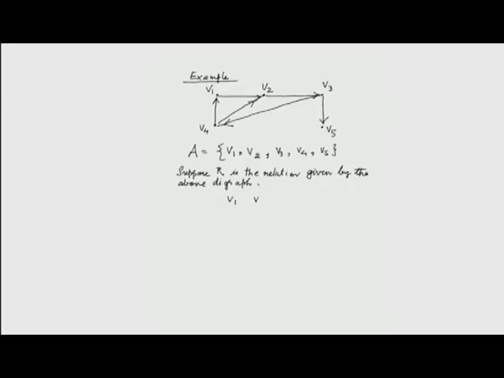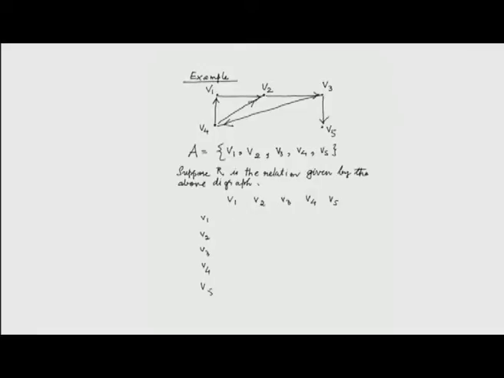So, let us now write V1 up to V5 and V1 up to V5 as the labels of the rows and columns, and then let us start checking here.